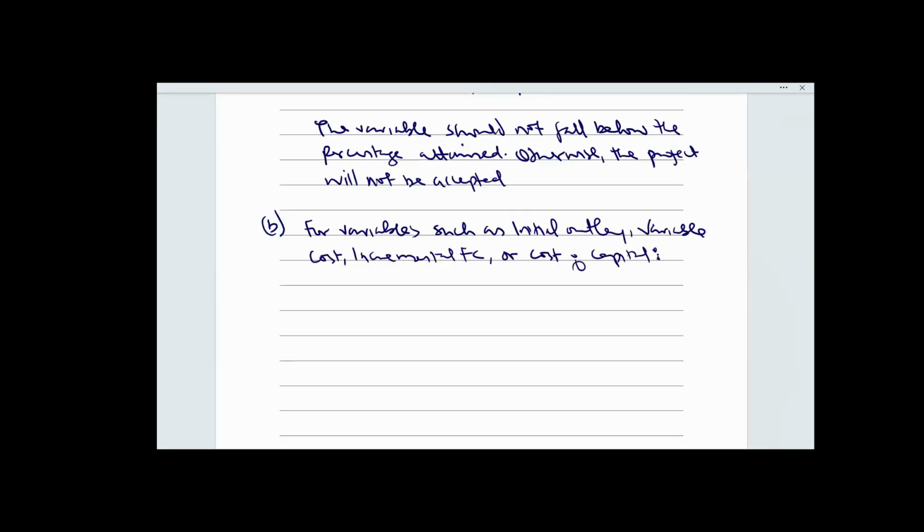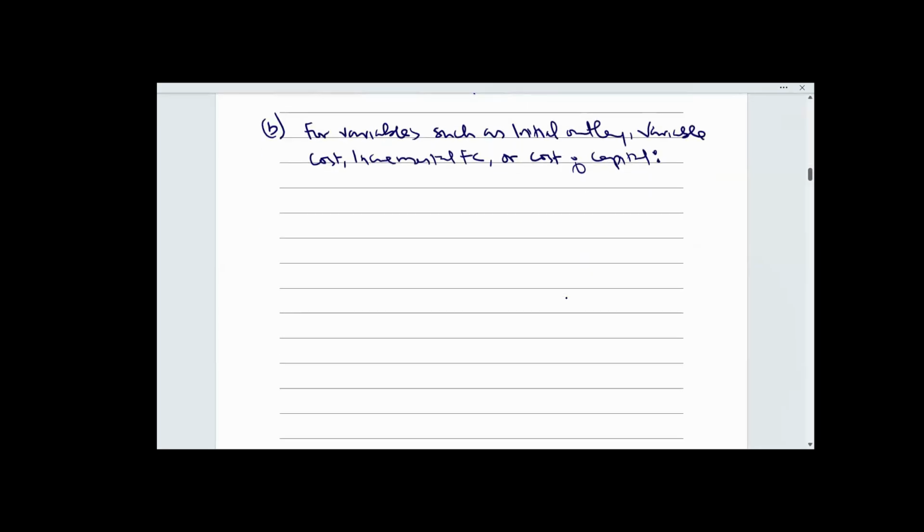When you have any of these variables, your interpretation should be that the variable should not increase beyond the percentage attained.